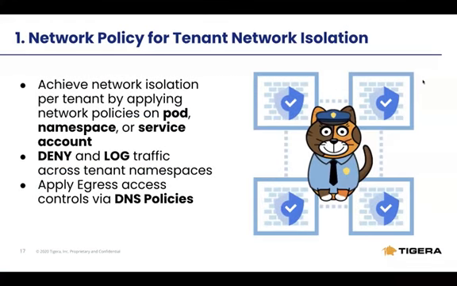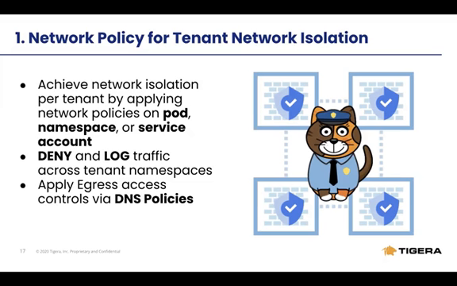So the first way that Calico Enterprise can help you with multi-tenancy design is by using network policies for tenant network isolation. This is a key primitive that we discussed, the second primitive in Kubernetes multi-tenancy.